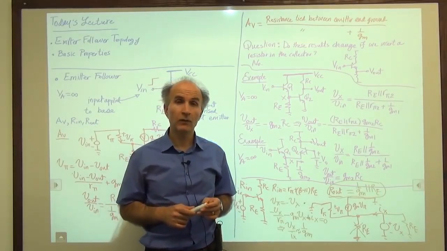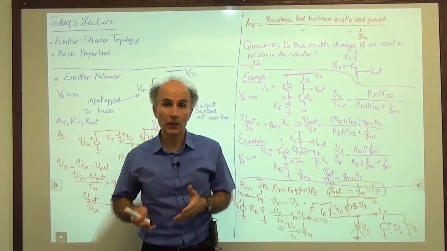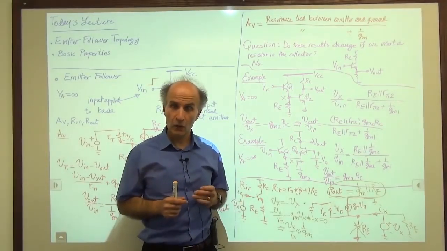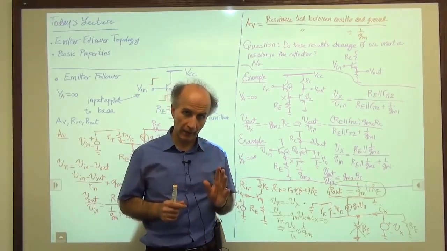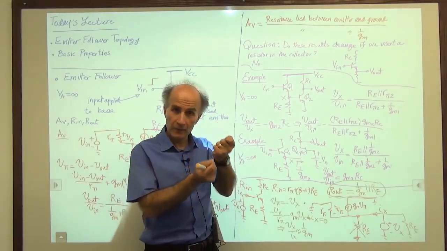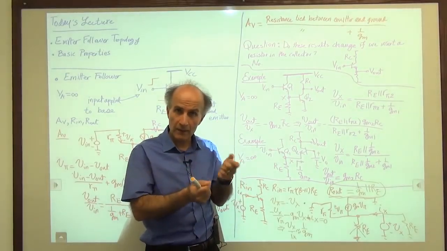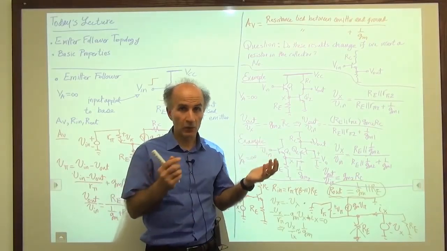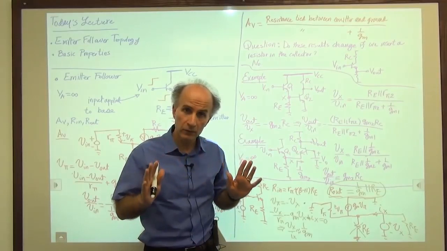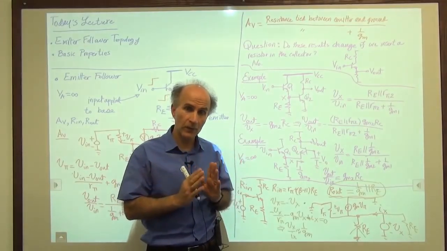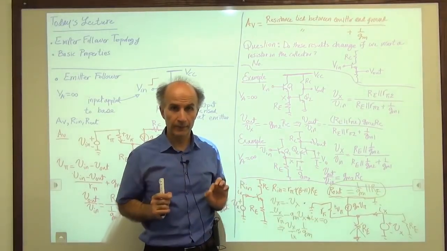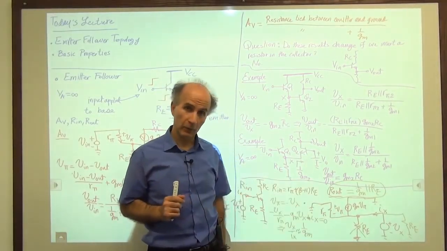In fact, sometimes we don't even know whether this is an output node or an input node. And that's perfectly fine. So long as we do the calculations correctly, we set all the independent sources to 0, and we find the impedance between two nodes, that impedance is some amount. And it doesn't matter whether you want to call it an output impedance or an input impedance. The only golden rule is to set all independent sources to 0 when we are calculating the impedance between two nodes. All right, and that's why these two happen to be the same.